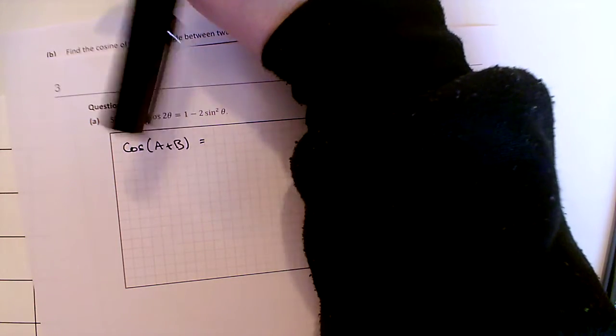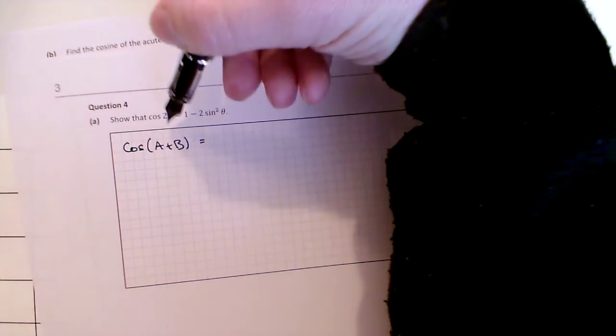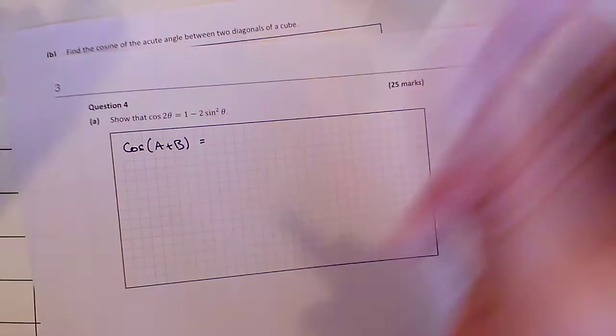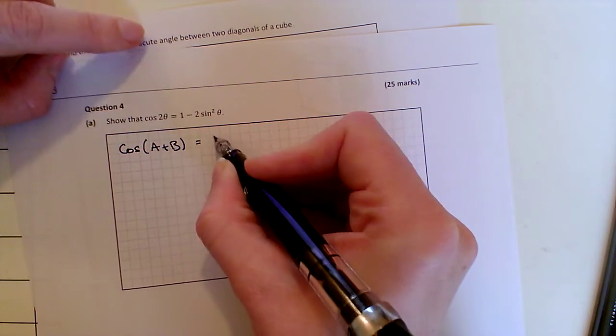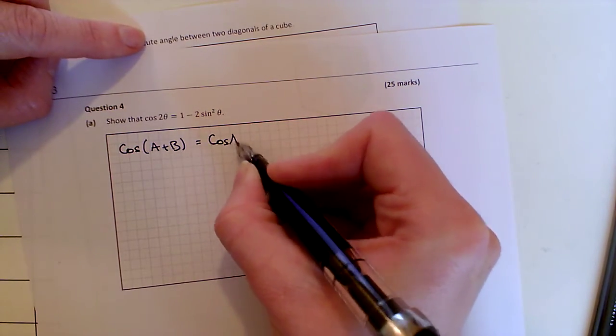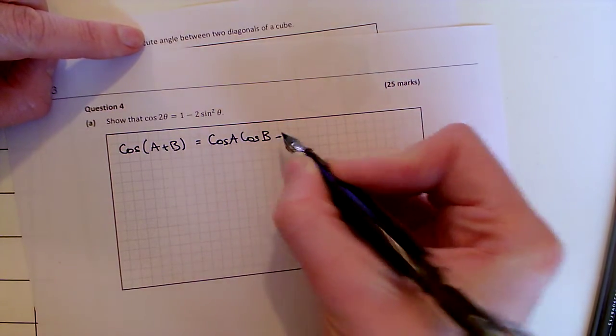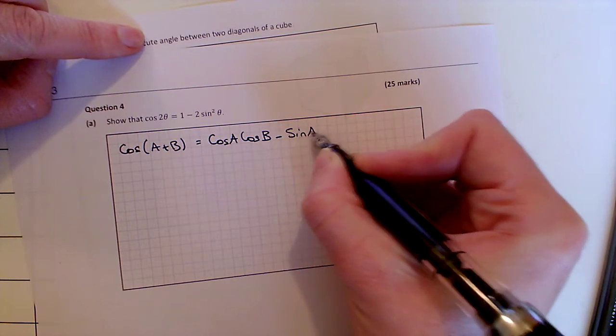I know that it's going to be a plus b though. Why? Because I'm going to use 2 theta as a plus a. So cosine of a plus b is, I could have guessed because of the minus, but I didn't want to guess, cos a cos b minus sine a sine b.